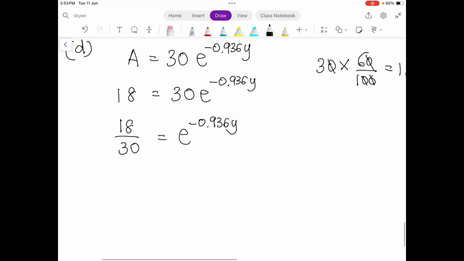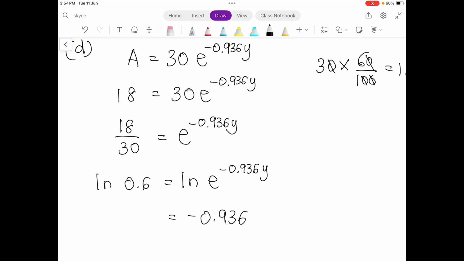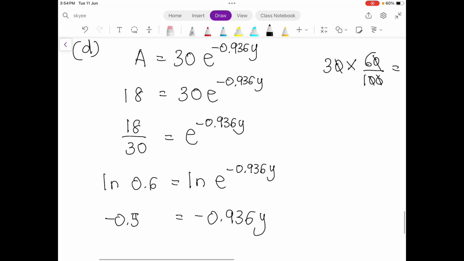Next, you will have 0.6. If you want to solve for this one, you have to ln it, ln 0.6. When you ln the left side, you have to ln the right side. We use ln because when we apply the ln, this thing you can bring forward. Press the calculator, you get negative 0.511.